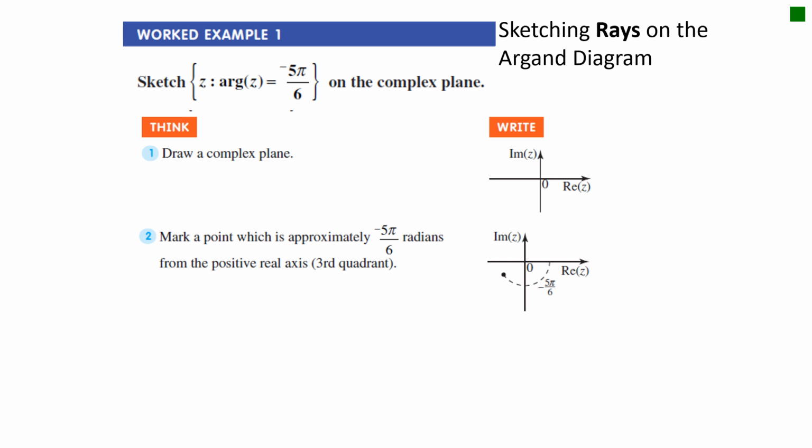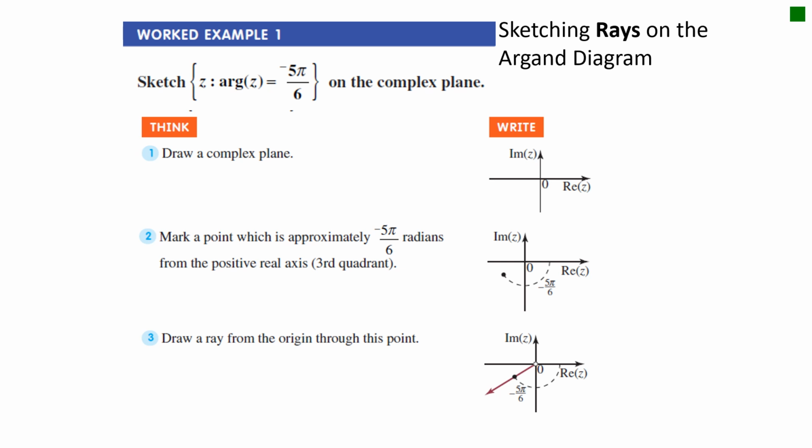If you're working on a polar grid and every quadrant is split with 6 different radial lines, it's the 2 from the negative real axis that would match this, negative 5 pi on 6. And then what you need to do is draw a ray from the origin along that radial line, if you wish. Have a think about it. It's made up of densely packed complex numbers, each of whom has an argument of minus 5 pi on 6.